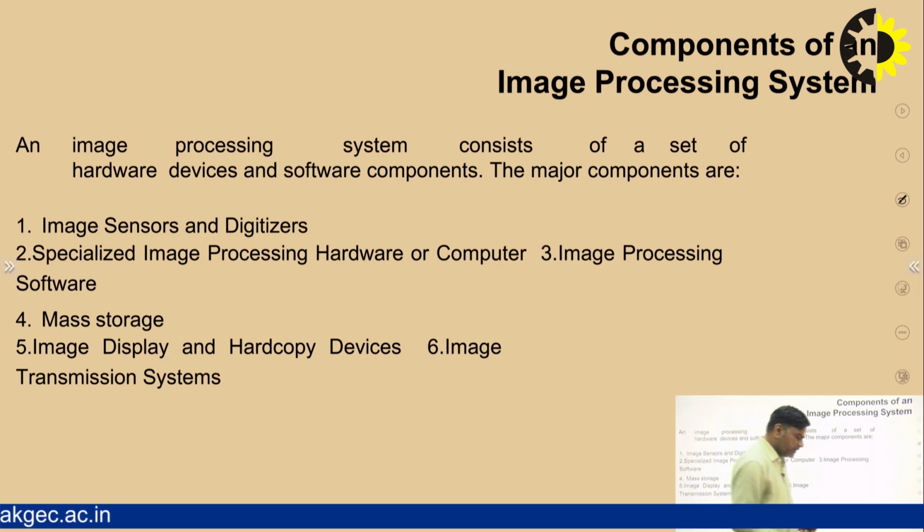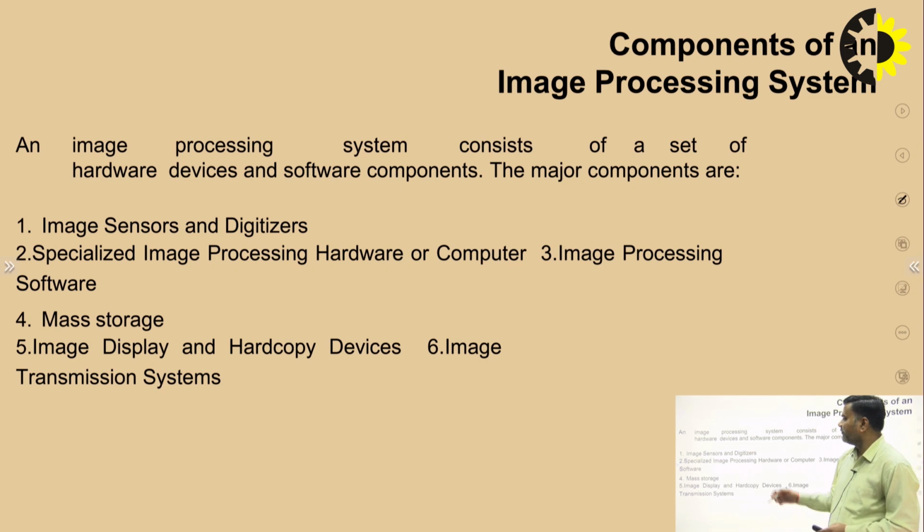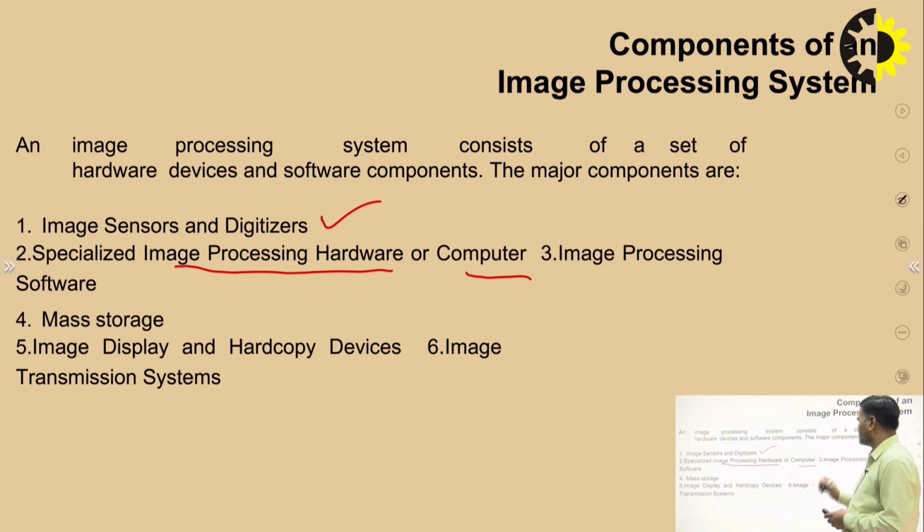For image processing we require certain components to process a particular image. First we need an image sensor or digitizer, by which we can take pictures or take the input image. Second is specialized image processing hardware or computer. We want particular image processing hardware and a computer for the processing of the digital image.